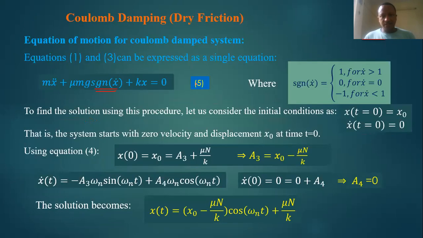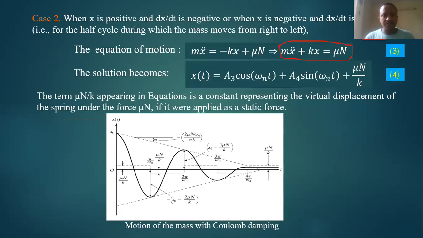Okay, in the second case, x dot is negative, x dot less than 0. So moving left to right with a negative velocity for x dot.